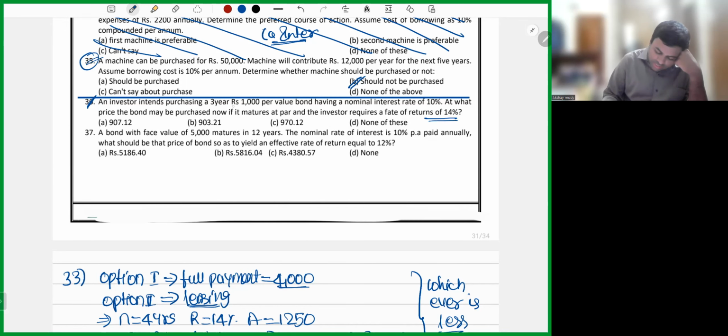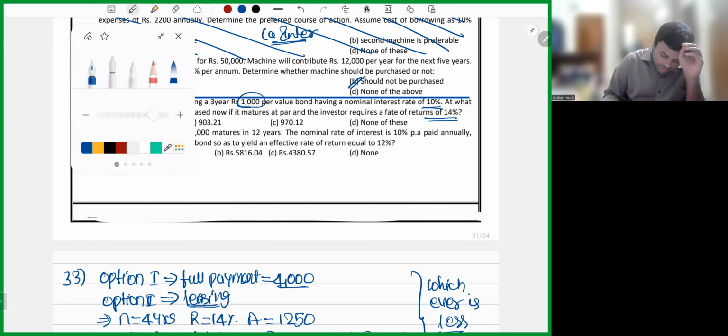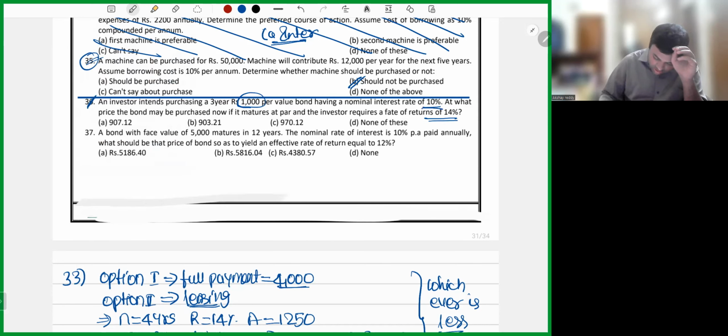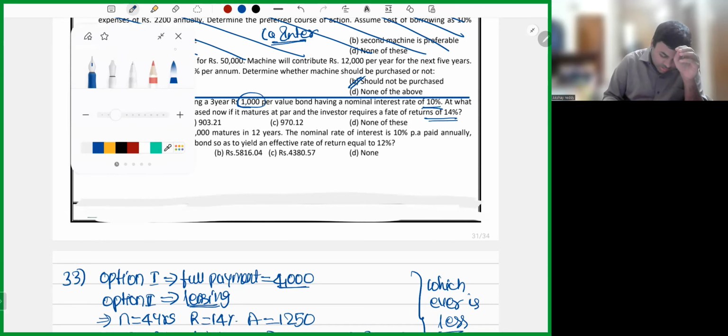Now, my dear friends, he's telling he purchases a bond worth ₹1,000 and he will get an interest of 10% every year for 3 years. Means he's purchasing the bond of 1,000, and he's getting interest of 10%.